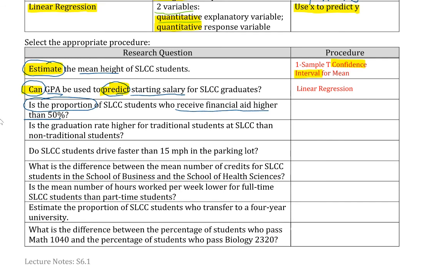Here, we're being asked to test a claim, if it's higher than 50% or not. And so we would look at a one-sample z-test for a proportion. Again, it's important to notice that whenever we're being asked to test a claim, this is when we're looking at a z-test or a t-test. But because this research question is talking about a proportion, that's why we choose to use a z-test.